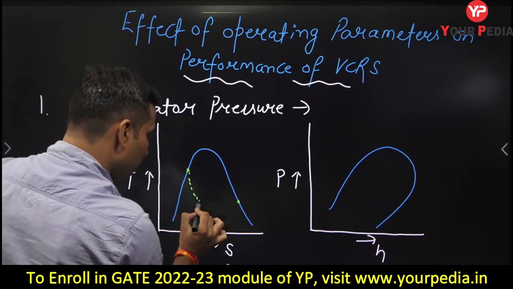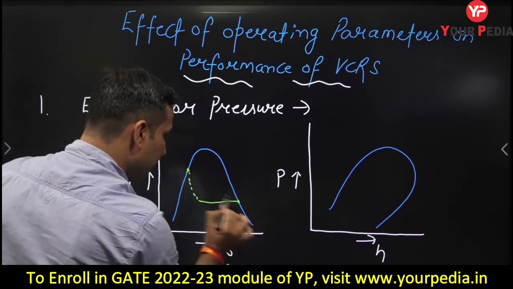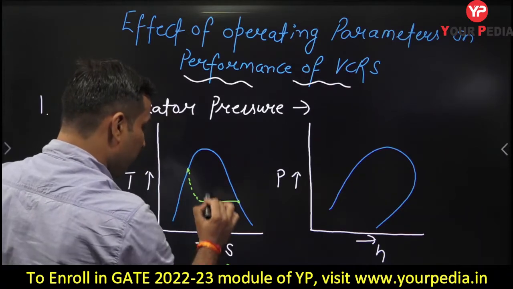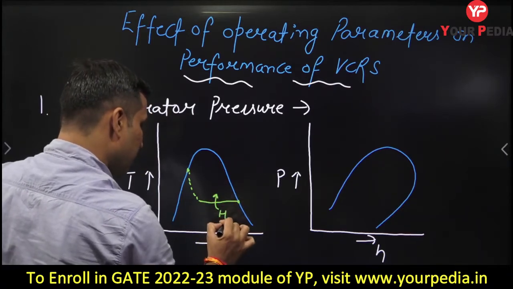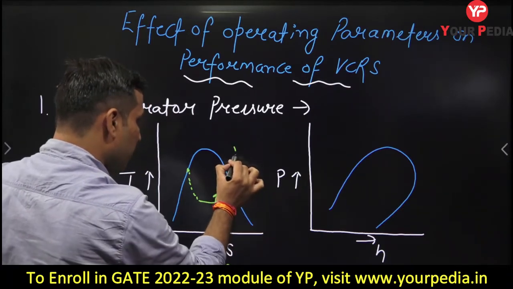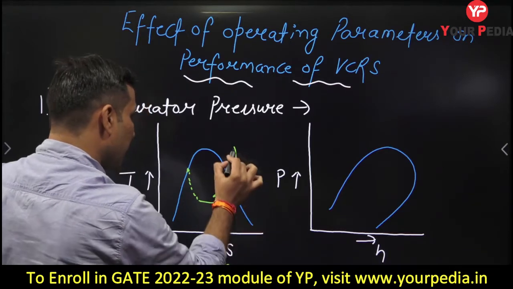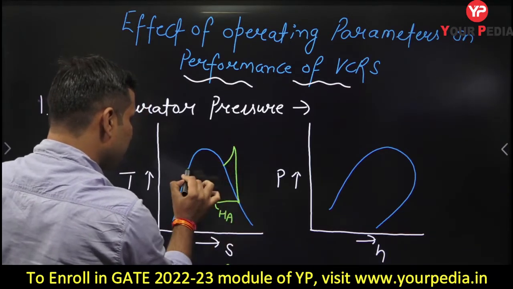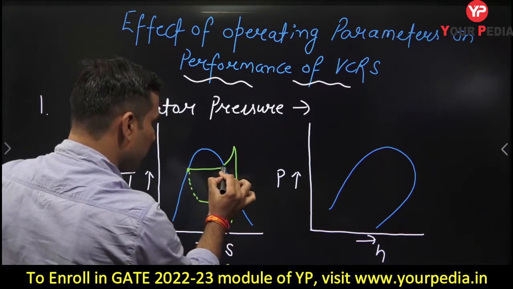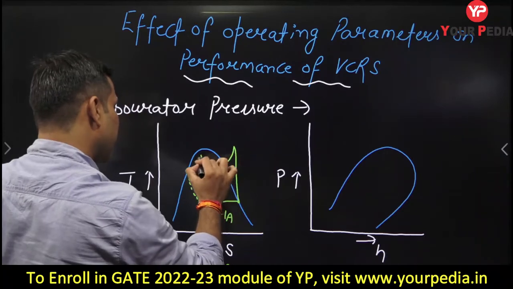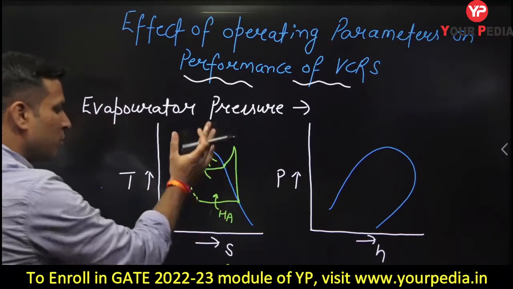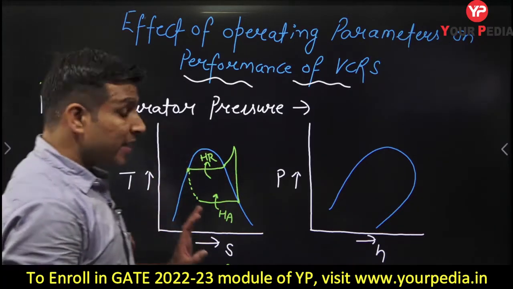Then constant pressure heat addition in the evaporator. Then isentropic compression. Then constant pressure heat rejection in the condenser. I am assuming this is the standard VCRS.